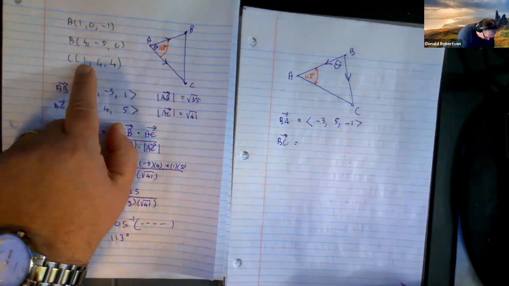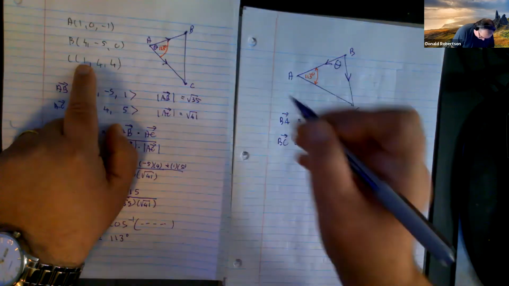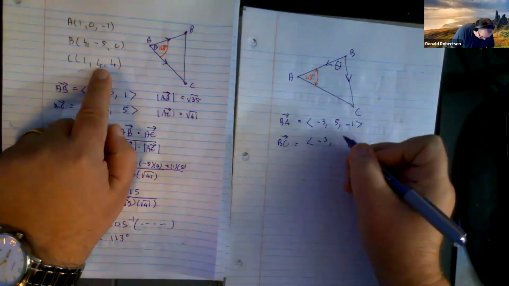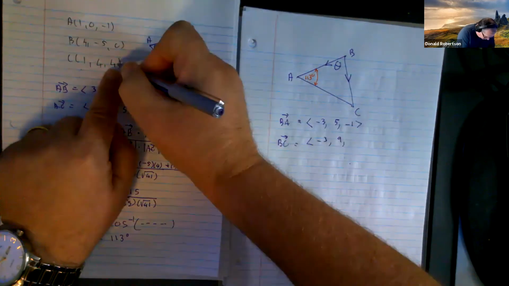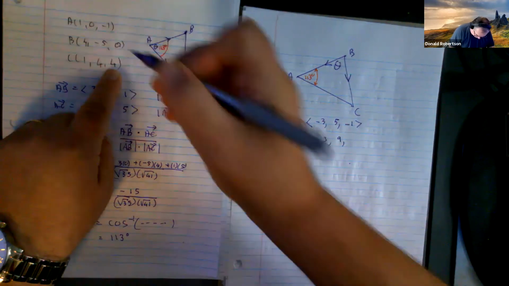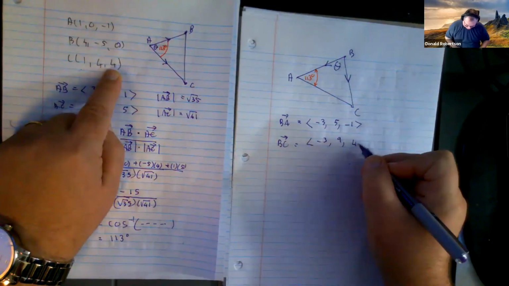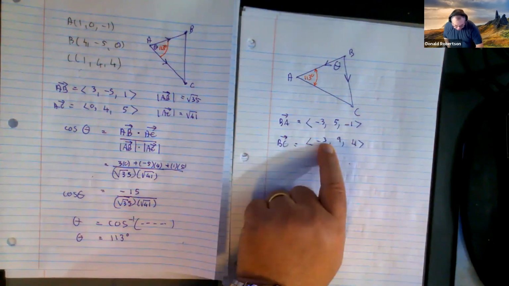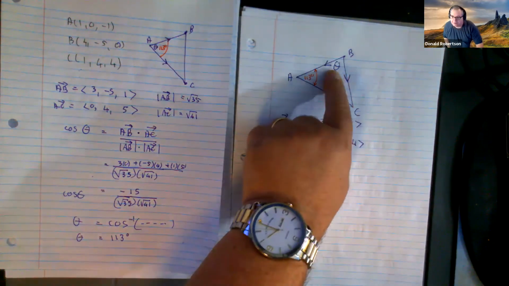So second, take away the first, -3. 4, take away -5, 9. 4, take away 0 is 4. So here are the two vectors that are going to help me get this missing angle B.